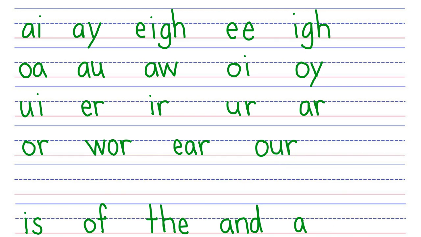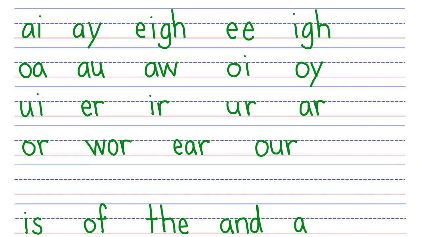Very good. If you want to practice this some more, simply pause the video here and read these off. You can read as fast as you want, like this. A, E, I, O, ah, oi, oo, R, or, were, ear, air, our, or.